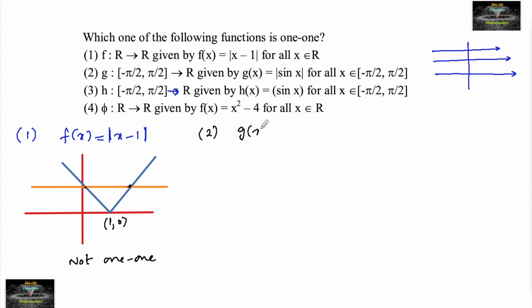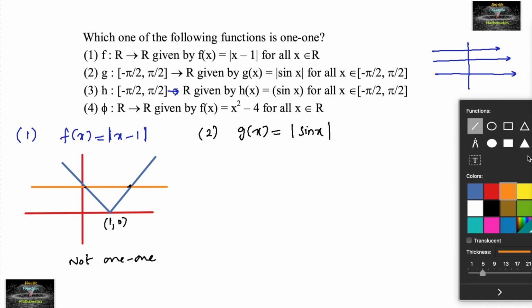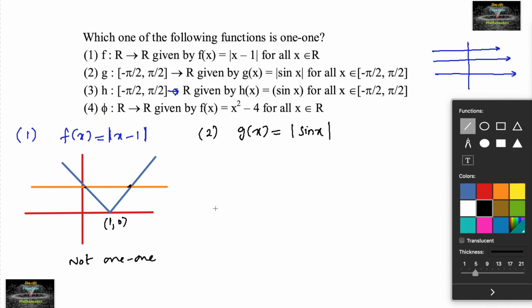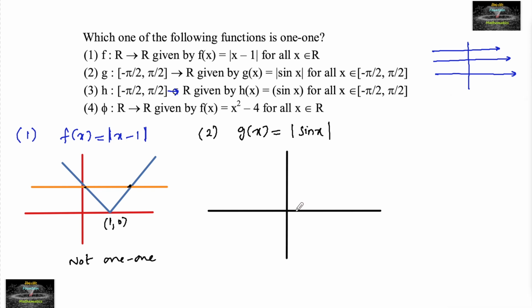And coming to the second one, g of x is equal to mod of sin x, from minus pi by 2 to plus pi by 2. So if I take the graph, the sin x graph lies from minus 1 to plus 1.